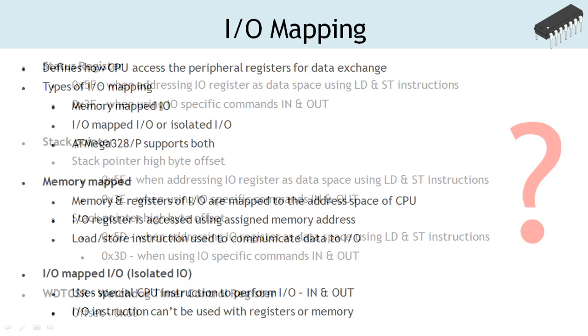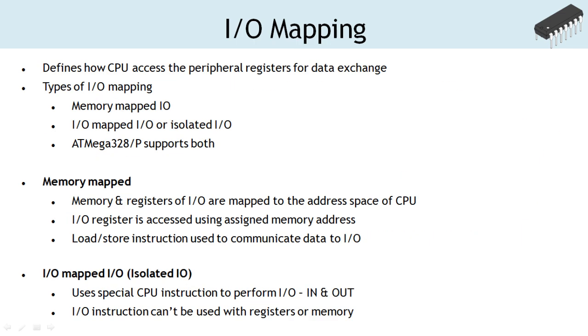The peripherals communicate to the microcontroller through registers which are accessible to both the devices. Some microcontrollers have dedicated address space to which the peripheral registers must be mapped. This is called I/O space and accessed using the in-out instructions only.